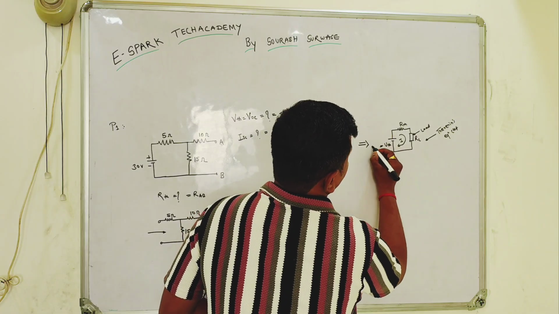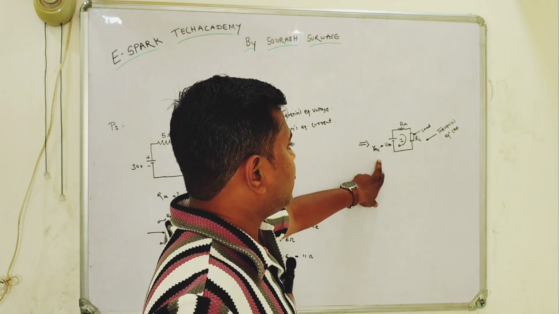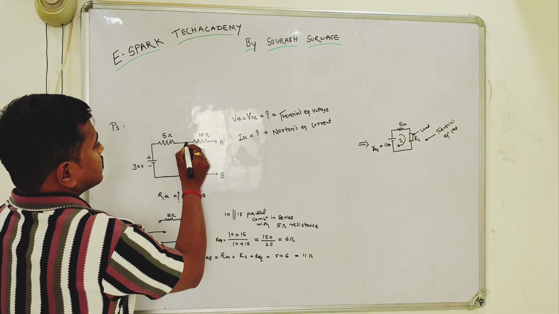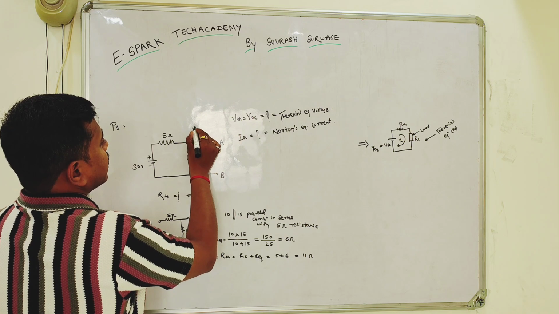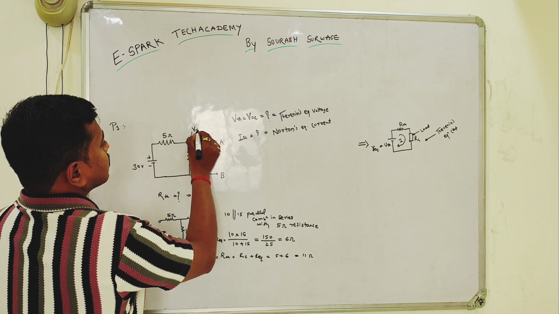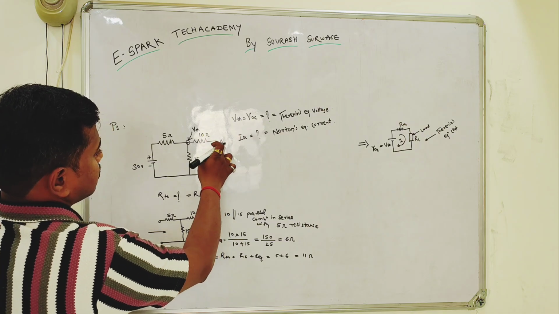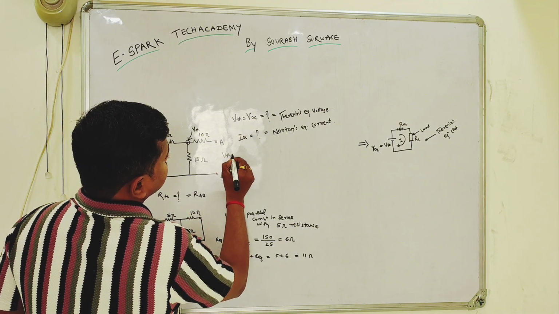VTH is nothing but VOC, the open circuit voltage, which will be calculated. In this case, this VTH will be the point which is located across here. It is VTH, here is VAB.